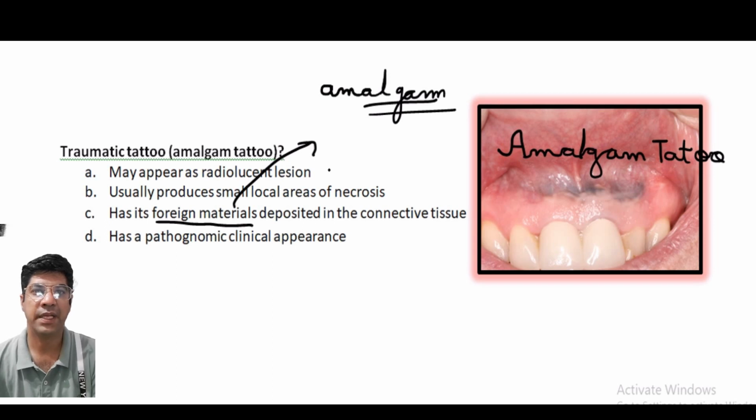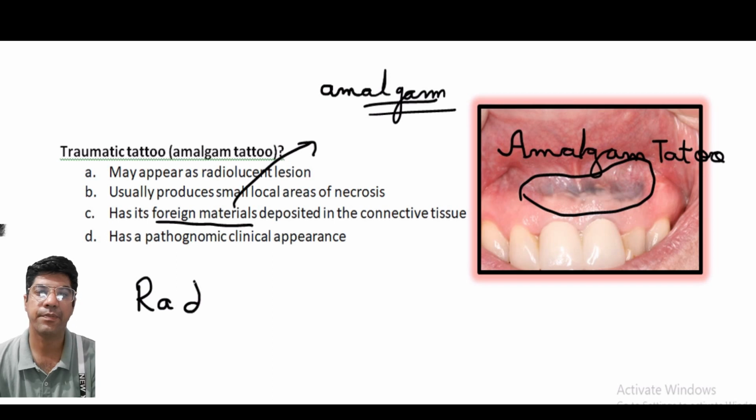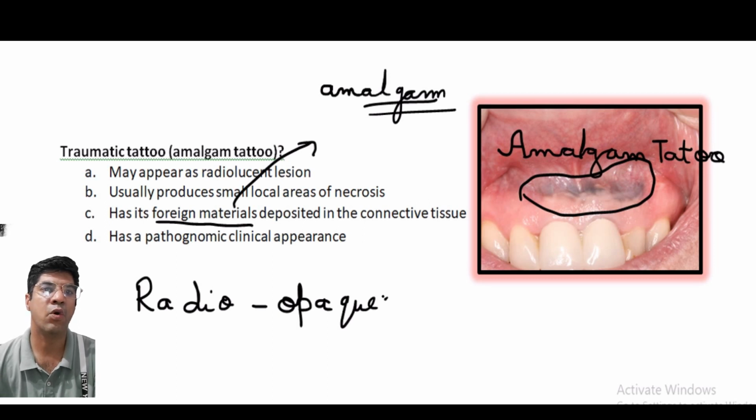So the first option says it may appear as a radiolucent lesion. The traumatic tattoo, as we know, appears as a bluish or greyish lesion on the oral mucosa, and it appears not radiolucent, but radio-opaque.